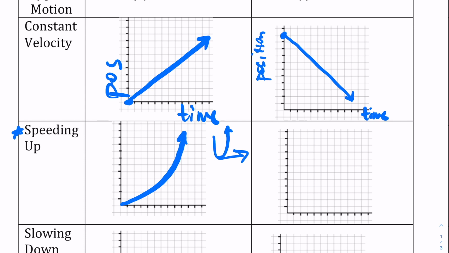If it's speeding up in the negative direction, you would see the curve go the other way. So now the slope is getting steeper and steeper and steeper, but they are negative slopes.